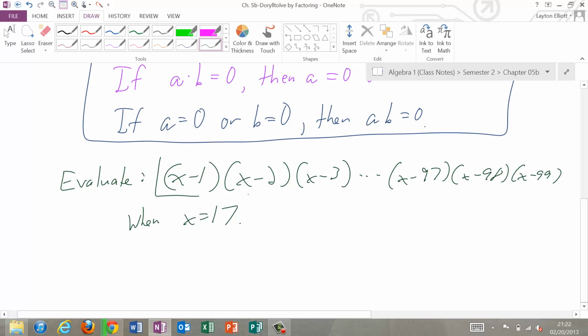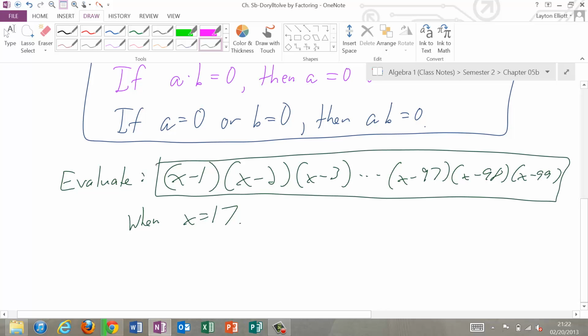Plug it into this whole thing here. 17 minus 1, 17 minus 2. If you got your answer, hopefully you realize something. What happens is you have 17 minus 1, 17 minus 2, 17 minus 3, 17 minus 97, 17 minus 98, 17 minus 99.